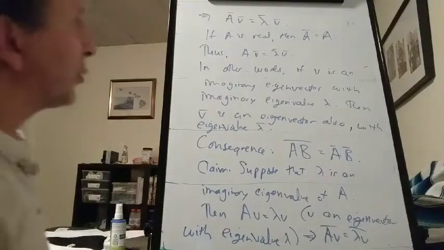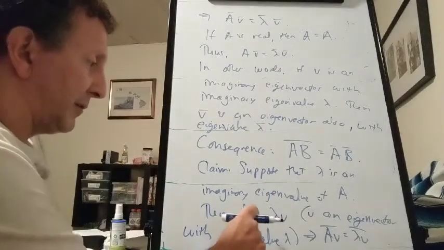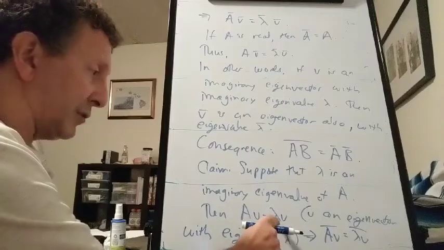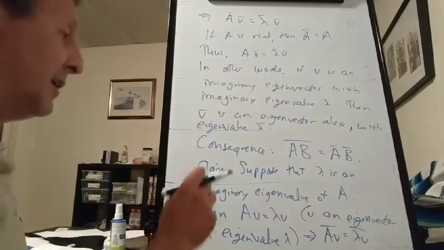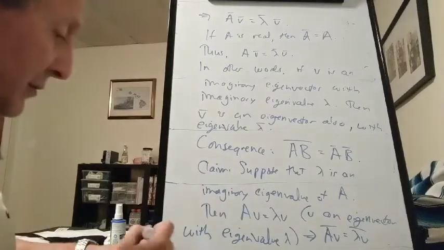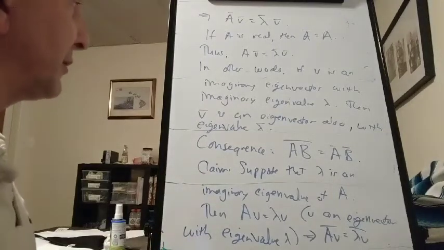So once we do the work to find an eigenvector V and its eigenvalue lambda, these are imaginary. We can just take complex conjugates and we get another eigenvector and another eigenvalue. So let's do an example of that.